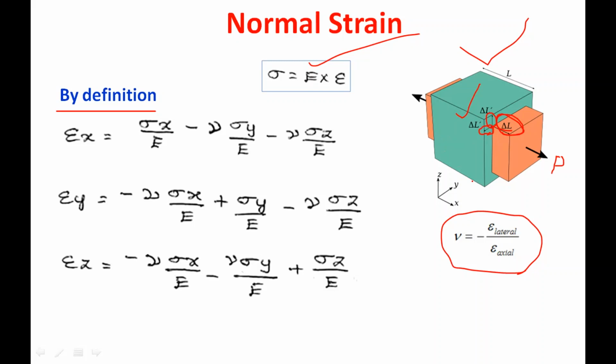This del L divided by the length along the x direction will be equal to the axial strain. The ratio between the lateral strain and the axial strain is called Poisson's ratio. So this is called the Poisson's effect. Whenever we solve a problem in 3D, we have to consider this Poisson effect.